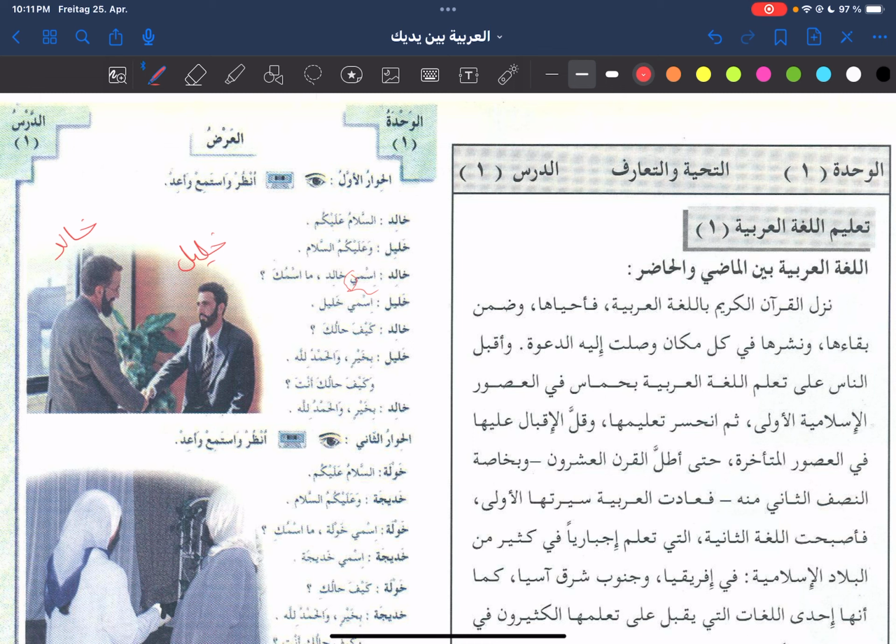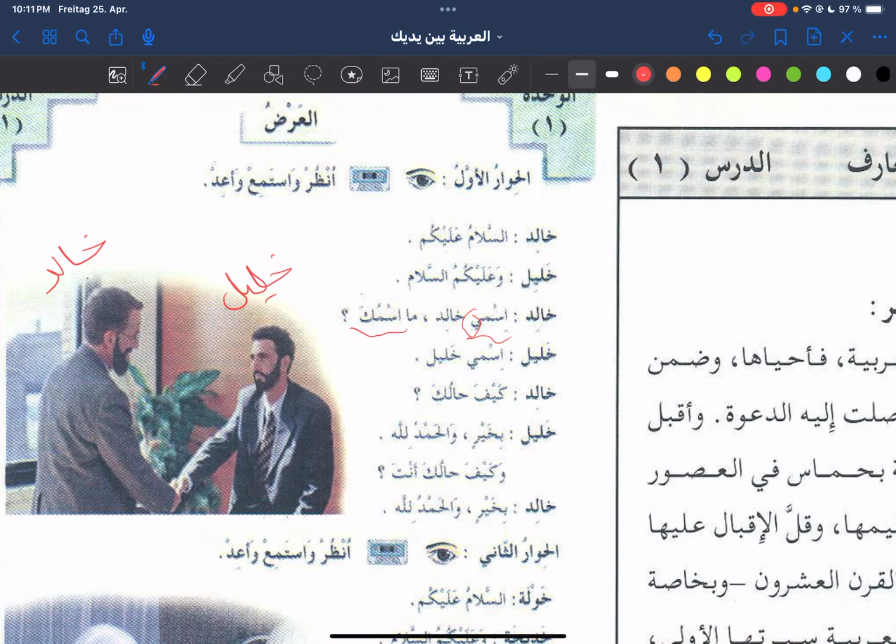And then he asked him about his name. What's your name? He said, Ma ismuk. Then Khalil replied, Ismi Khalil. So let's repeat it again. If we met for the first time and you started the conversation, you will say, Assalamu alaikum. And I will reply, Alaikum assalam. Then you will start by giving me some information about yourself, and this information usually is your first name.